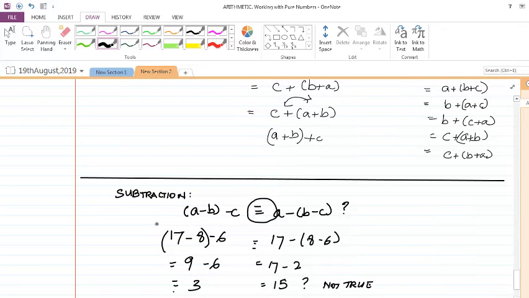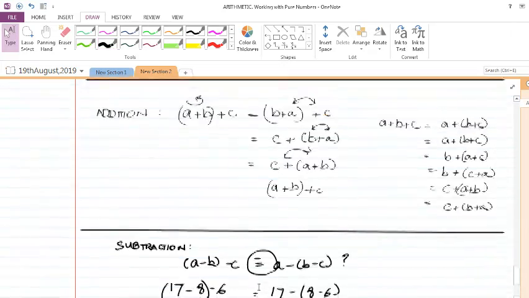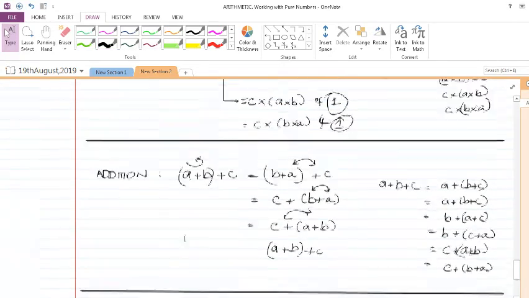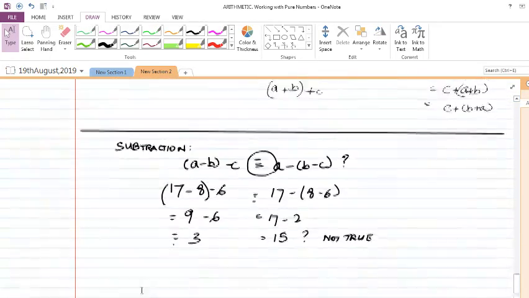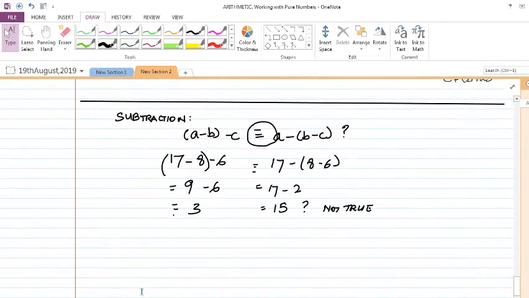Now, because of this, 17 minus 8 minus 6, the order in which it is written vastly affects the outcome. With multiplication and addition, the order in which you write numbers does not affect the outcome. Right? But with subtraction and division, because the order in which those operations take place makes a difference, you have to be very careful when working sums with a host of computations involving different operations, and so on and so forth.